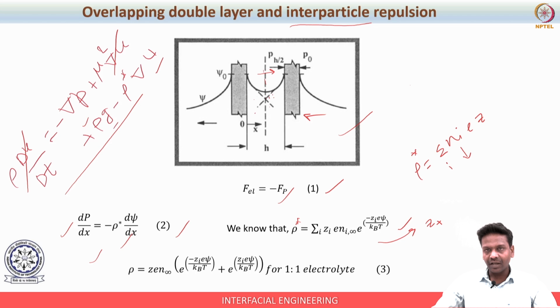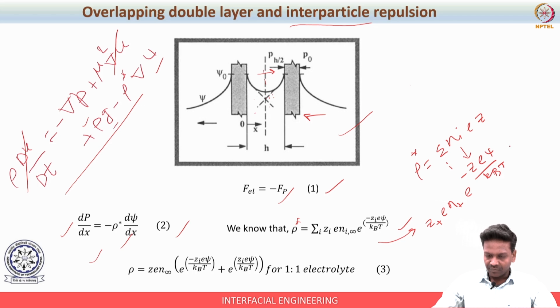You have a cation and an anion. For Na plus, the cation valence is plus 1, so this will be exponential of minus Z e psi divided by kBT.